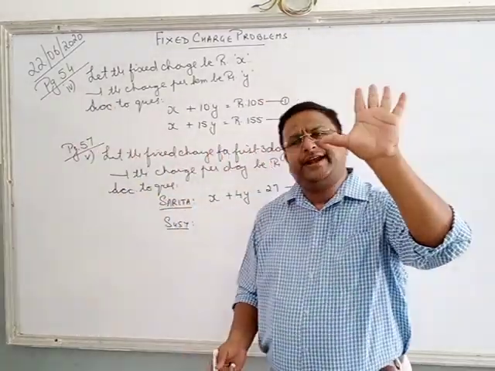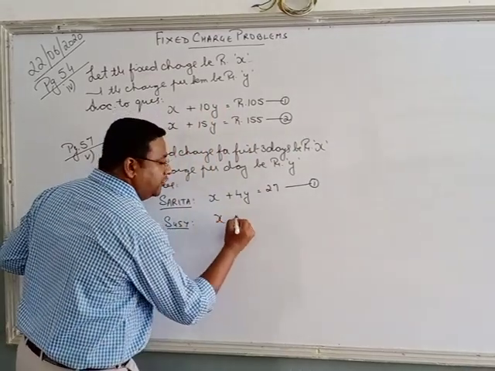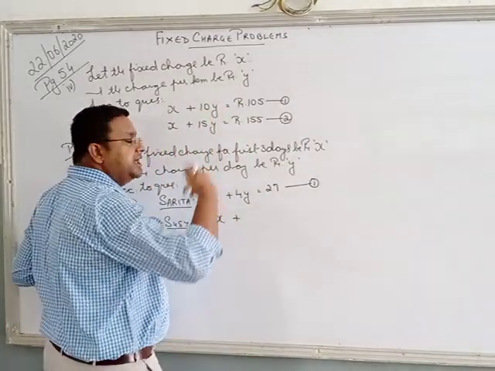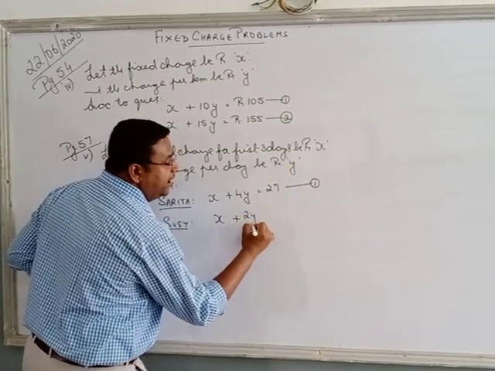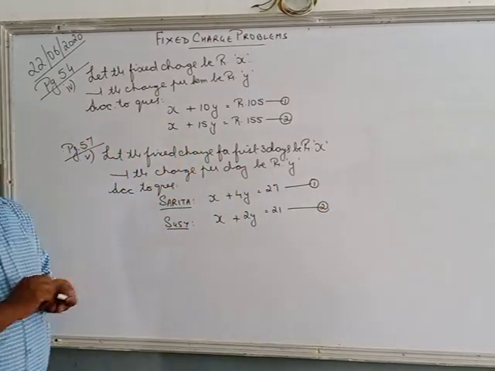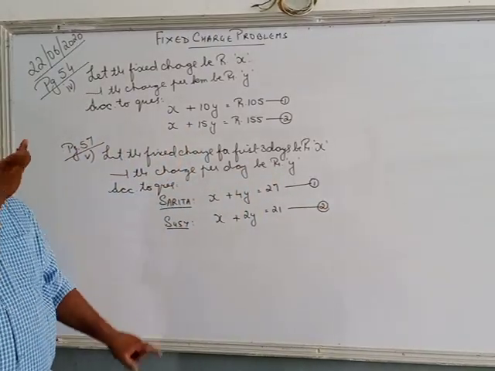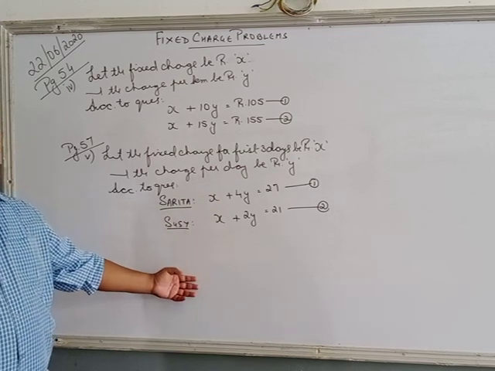Out of those 5 days, the first 3 days are X rupees, and for the remaining 2 days it is Y rupees each, so 2Y. She pays 21. Can we solve it? Easily by the elimination method. Clear?